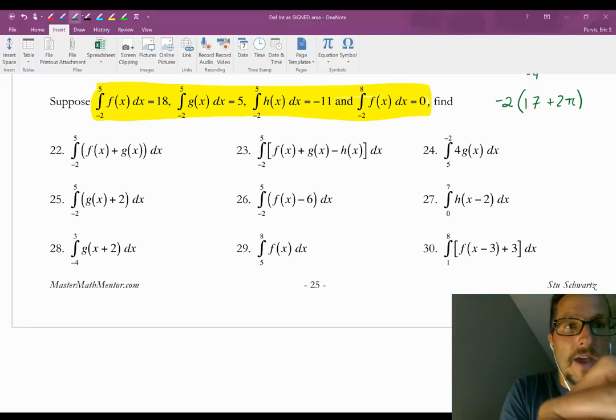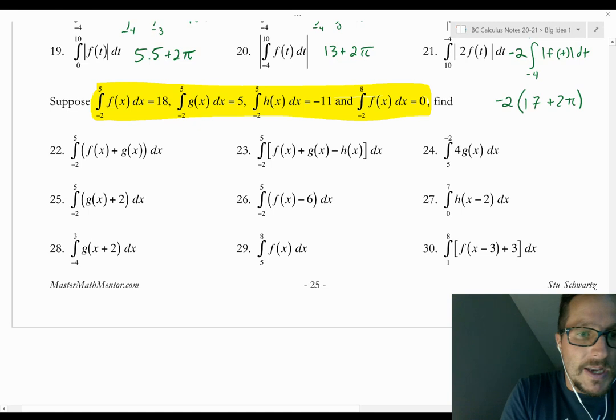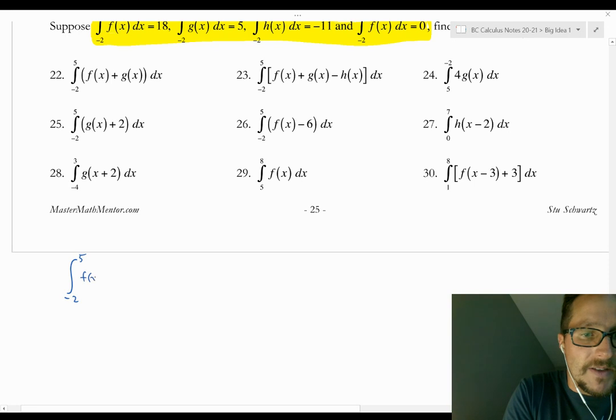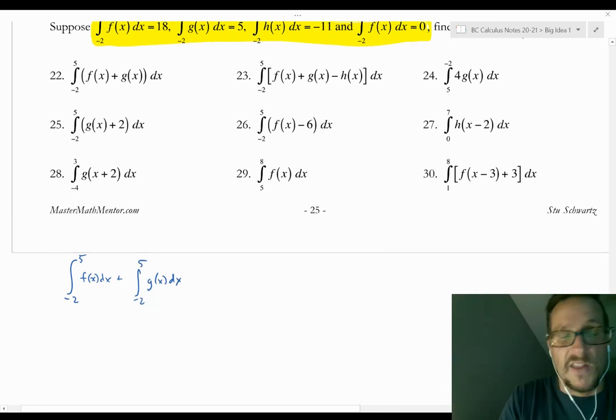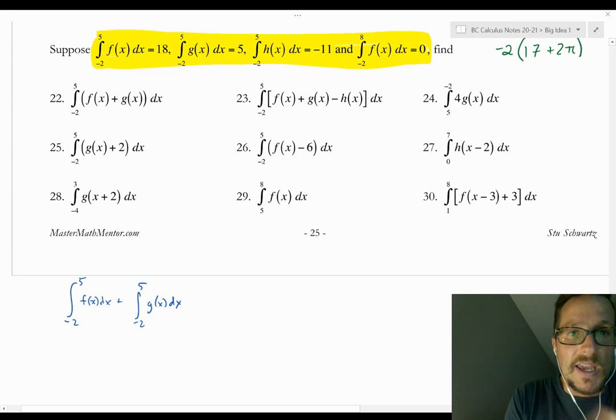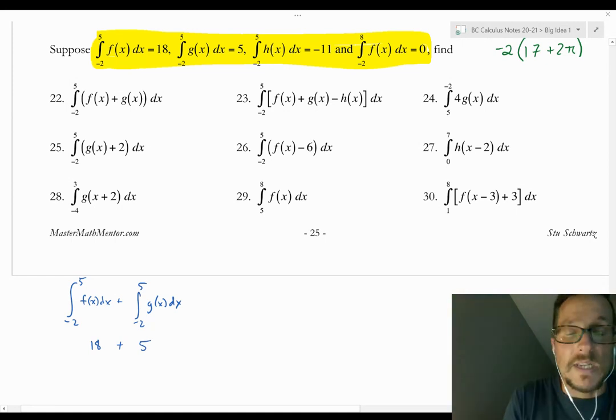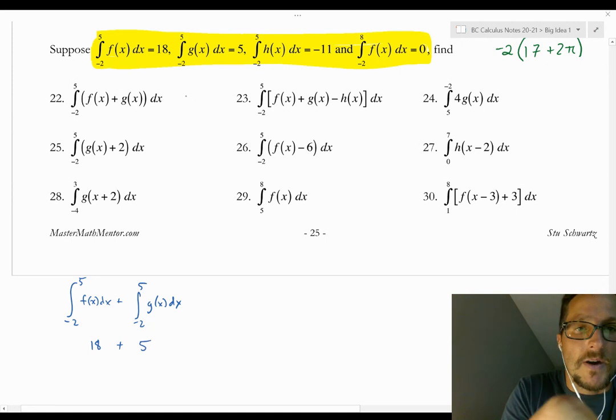So that is the integral of f of x dx from negative 2 to 5 plus the integral from negative 2 to 5 of g. And then we just have to access that information. So that's given as 18, and then that's given as 5. So 18 plus 5 is 23. So that part is 23.